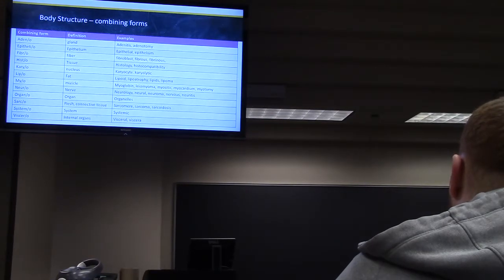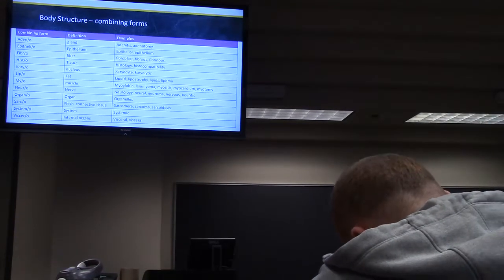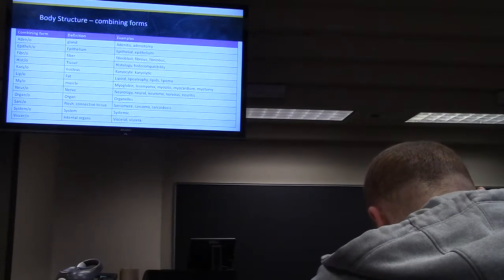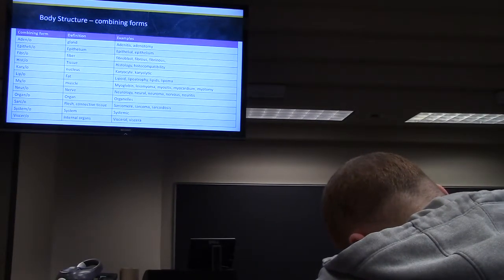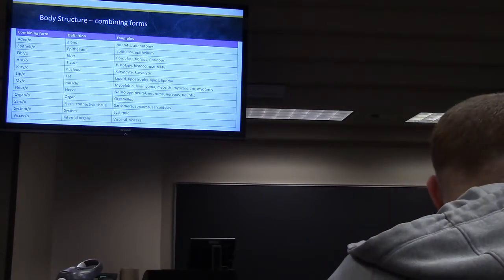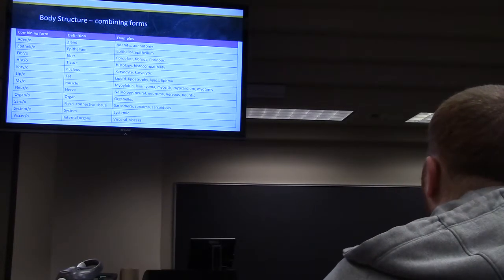Okay, and oid would be what? Like, so a connective tissue-like condition, disease. System is self-explanatory. Visceral or viscero, internal organs, so visceral pertaining to internal organs, viscera, same thing. Okay, questions about those?